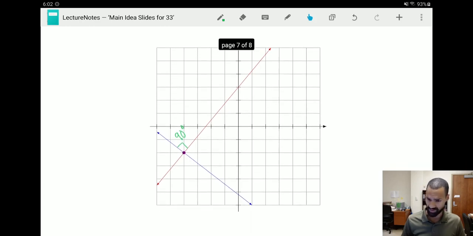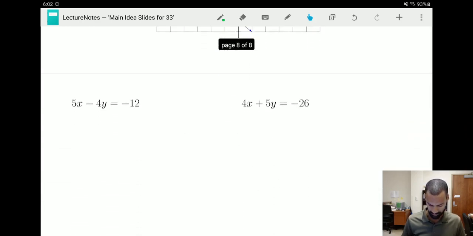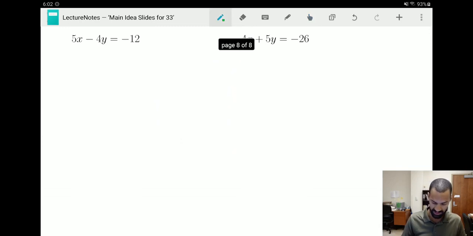I don't want to just stop right there, though. Let's see if we can figure out a way that we can tell two equations are perpendicular lines. So let's rearrange both of them, get them in slope-intercept form, and see what we find out. Subtract 5x from both sides.